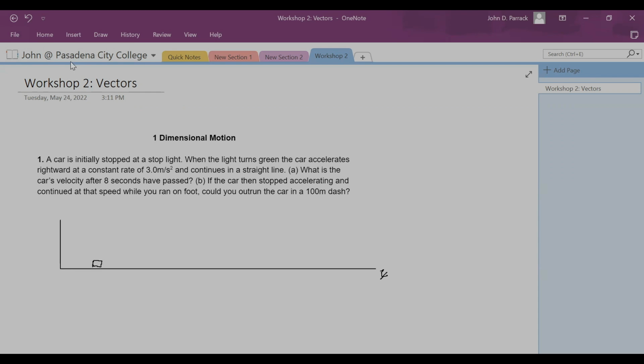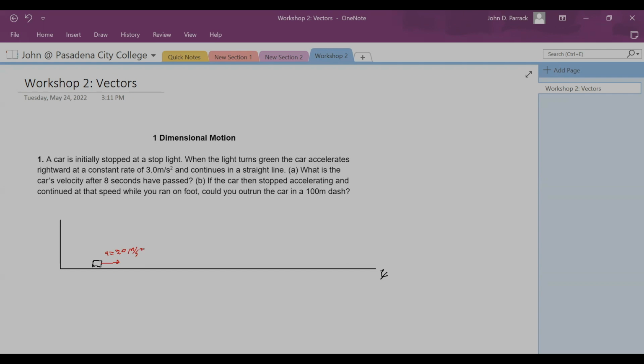Initially it's stopped, but then what happens? It accelerates to the right at a constant rate. So it's accelerating rightward. They tell us the acceleration is equal to 3.0 meters per second squared.